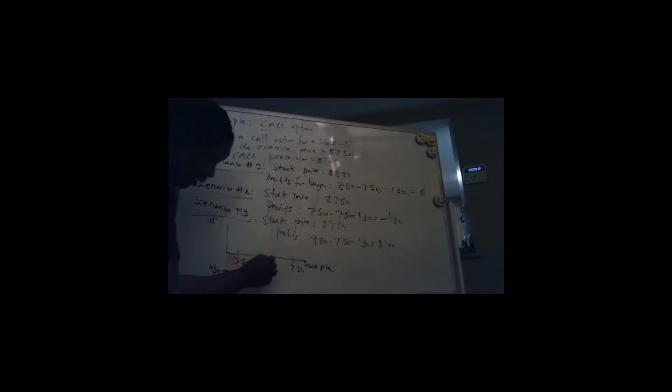Now once it gets higher than $7.50, you might still be losing money, but it's not as much as the $1.30. By the time you get to 880, you're not losing anything if you choose to exercise it. And we keep going. By the time you get to 980, this is where you was making the dollar.